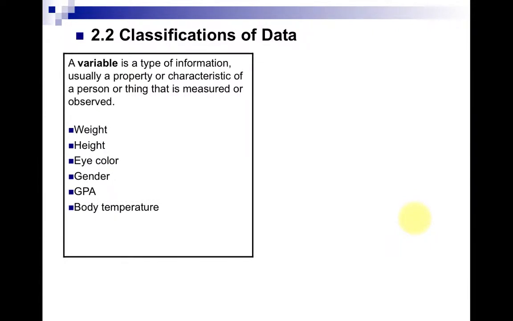A variable is a type of information, usually a property or characteristic of a person or thing that is measured or observed. For example, a variable among people could be weight, height, eye color, gender, GPA, or body temperature. Each of these are different variables.